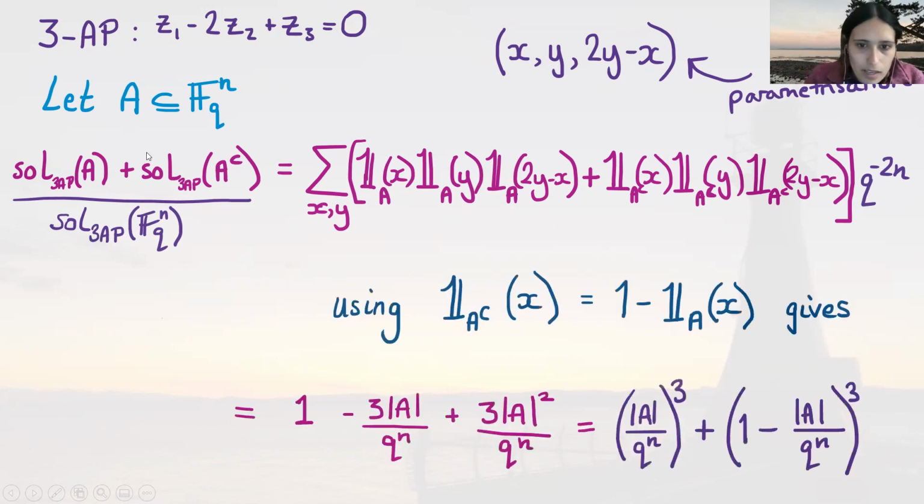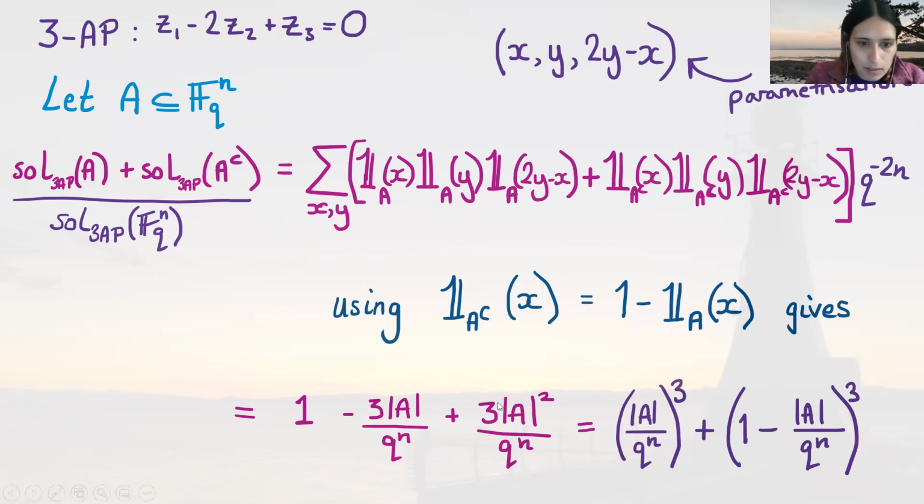But if we use the fact that the indicator function of the complement is 1 minus the indicator function of A, what we obtain is, basically, I'm not going to put the whole calculation on the slide. I know it's very difficult to follow calculations on a slide, but just using this simple substitution in your equation, multiplying out these factors and rearranging terms, you get a lot of cancellation.